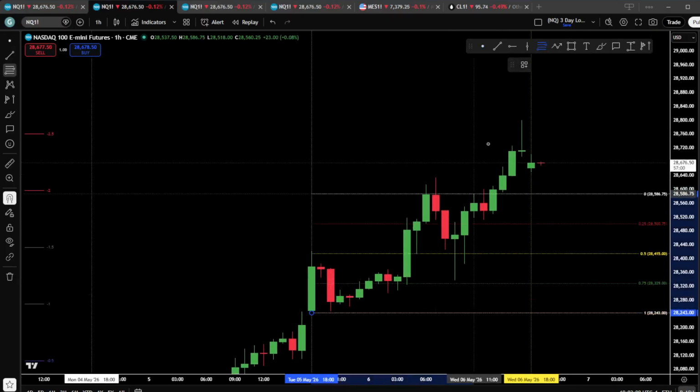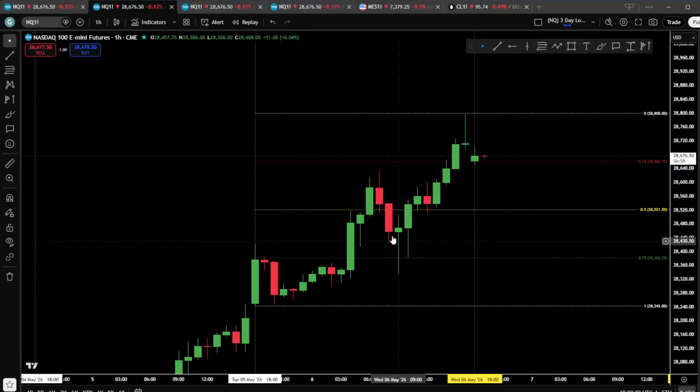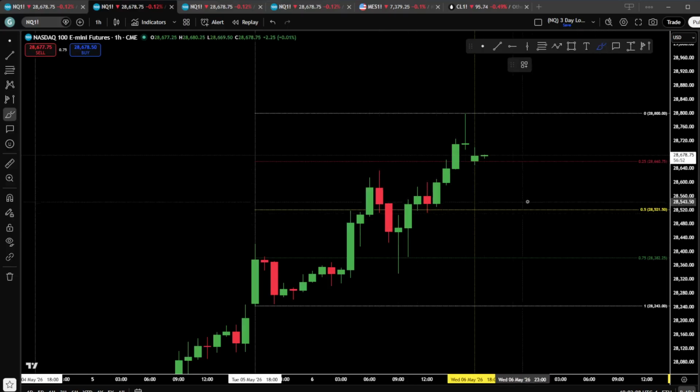Coming back to the previous day's range, the main PD array for me is this, the order block. Why? Because it's located at 50%. Usually high probability order blocks tend to form around 50% of ranges. There's even another range of order block that's located inside of the bigger one.